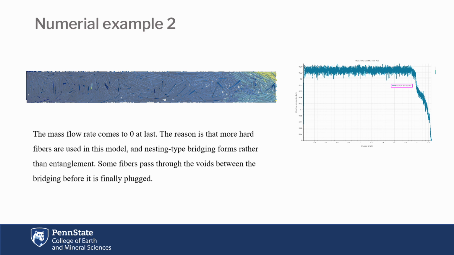The reason may be that some fibers pass through the voids in the bridging before it is finally plugged, so it takes more time. But it is also successfully plugged at last because the mass flow rate of the fluid comes to zero.